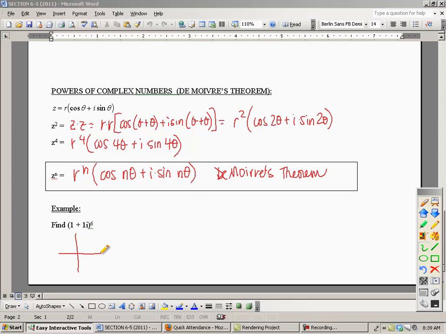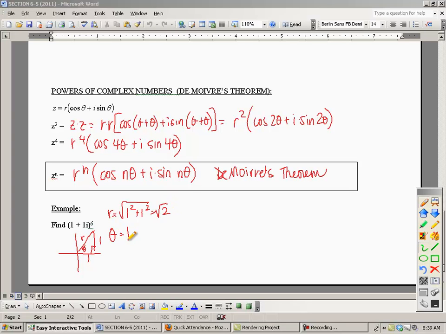So I'm going to make a triangle. 1 plus 1i is 1 plus 1i. And I need the angle and I need the r. To find the r, the square root of 1 squared plus 1 squared is the square root of 2.